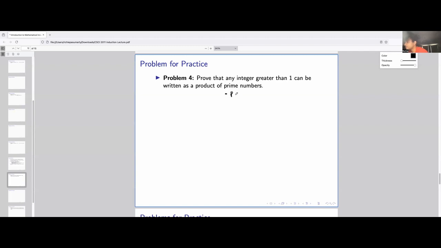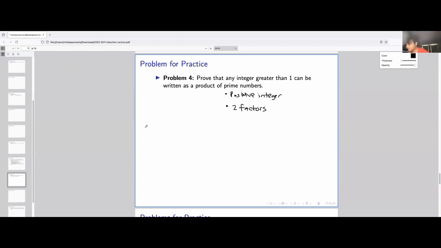It's a positive integer, and it only has two factors. Okay, so another way to think about it is it's just divisible by 1 and itself, and it's not 1.